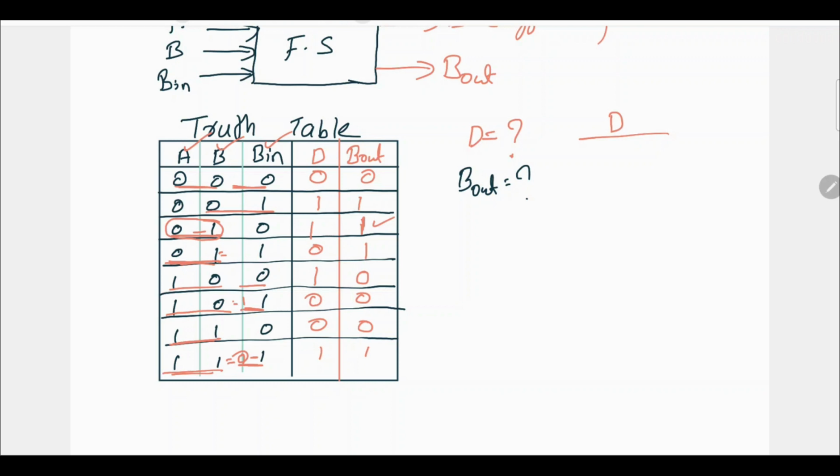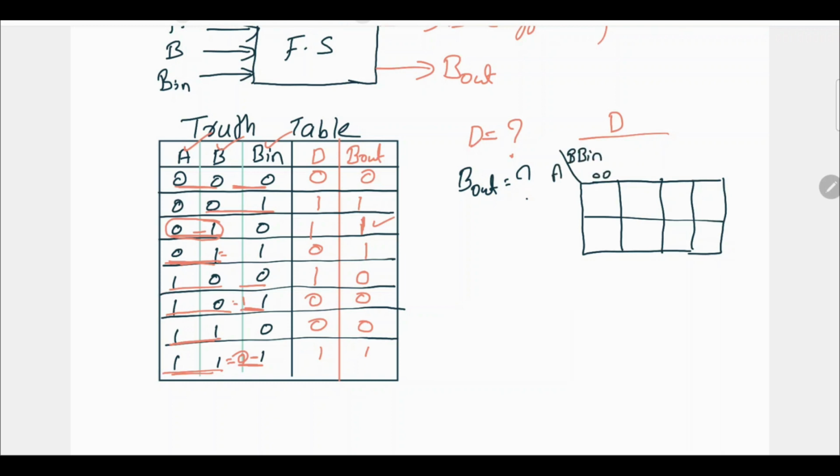So we will draw the 3 variable K-map. We have A, B, Bn, 0 0 0 1 1 1 1 0 0 1. So we will see where all we can place 1.